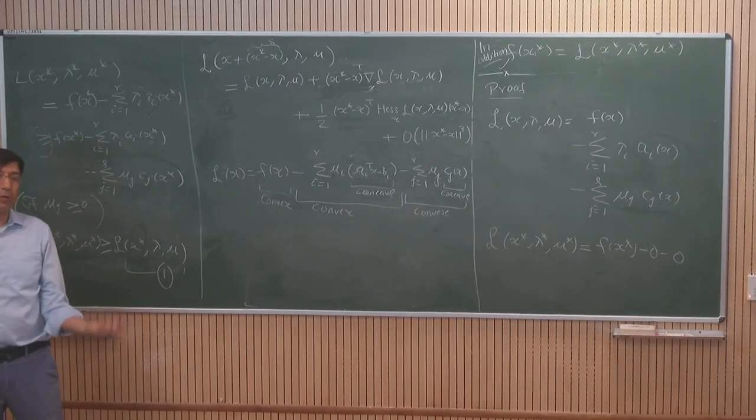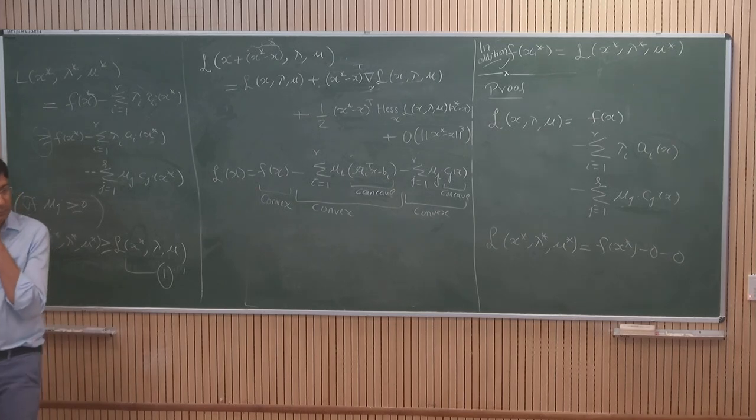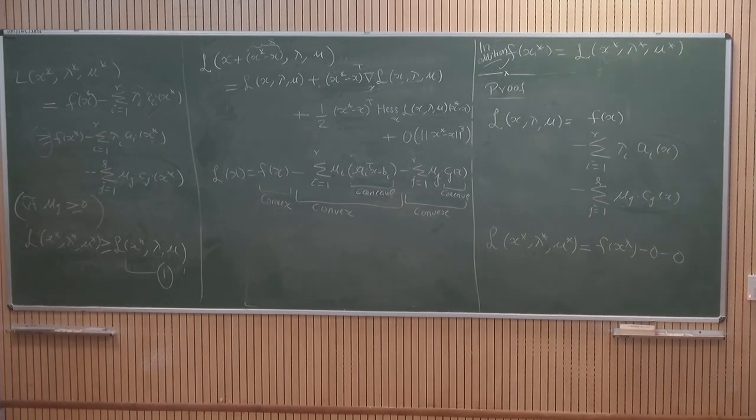Now what do we know about a convex function? The Hessian is positive definite. What is the definition of positive definite? You multiply a non-zero vector on the left and right, the whole thing is strictly greater than 0. Or positive semi-definite. If it's convex, then the Hessian is positive semi-definite, which implies that if you multiply with a vector on the left and the right, the whole thing is greater than or equal to 0.